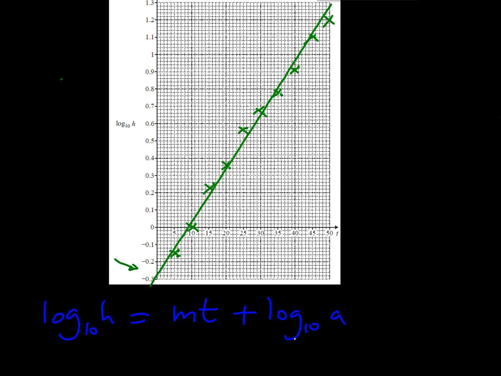So our intercept here, using my figures, is minus 0.27. That's what I would get for that. And then we need to pick a gradient, and probably want to do that over as much of the length as we can here.